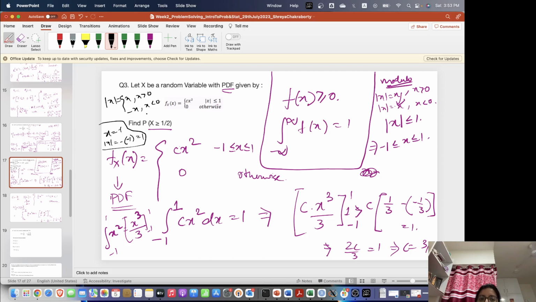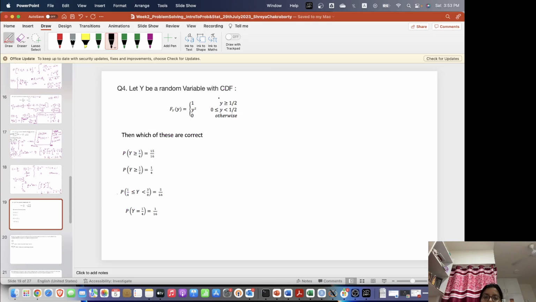So if you have anything like mod x less than or equal to 1, it means that x should fall between minus of this figure to this figure plus. All right. So now we'll move on to the next question.